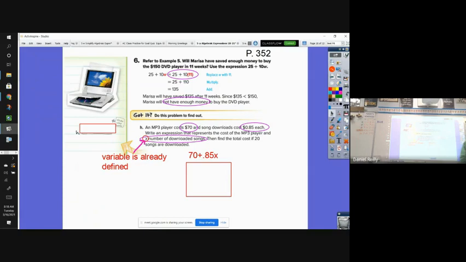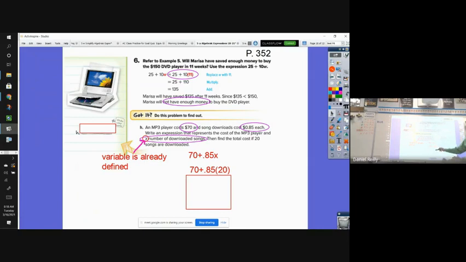Miles, for what? Yeah, replacing the X with 20. Substituting the number they give you, 20 songs, in for the variable that represents the number of songs, which is X. So you substitute in 20 for X. Now I can do the multiplication, 0.85 times 20.